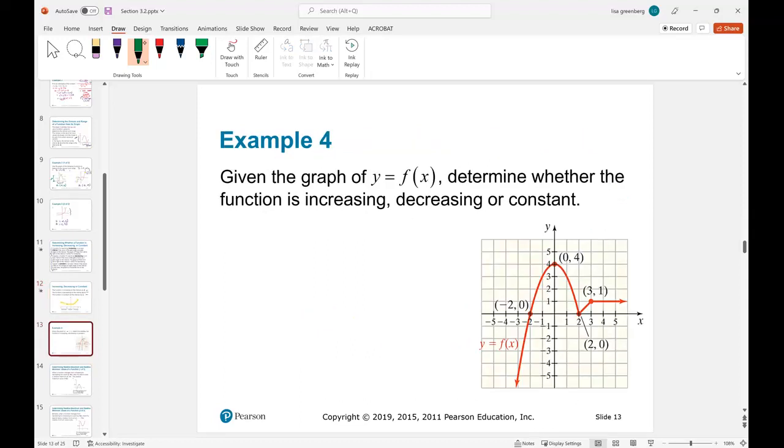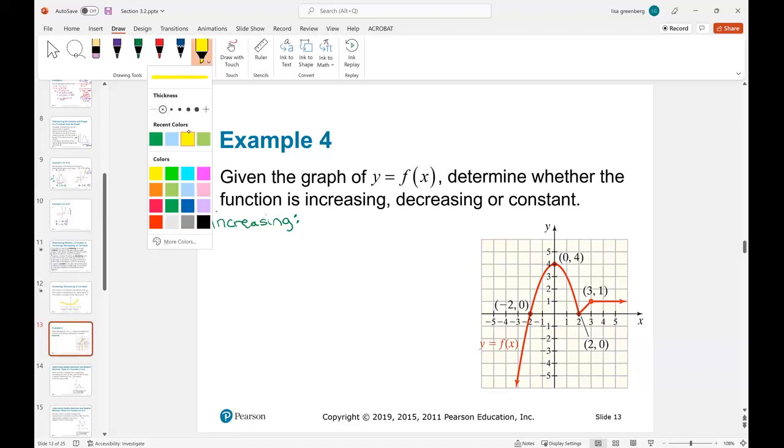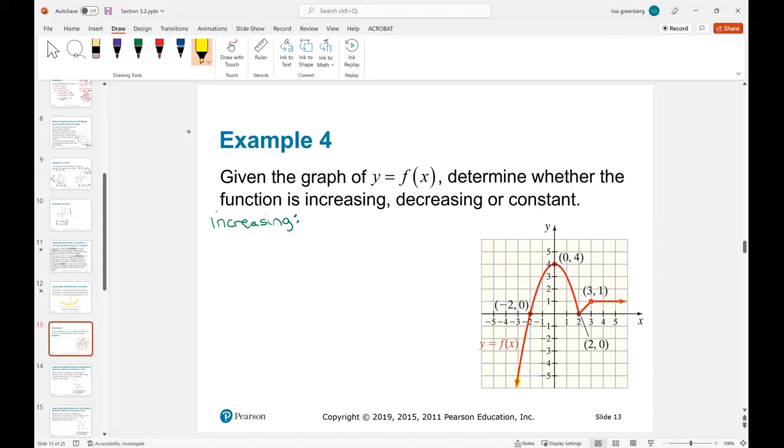So let's talk about this graph. Let's see where it's increasing. Okay, so let's go back to our yellow. And we can see from here, I start all the way to the left, going on forever to negative infinity.